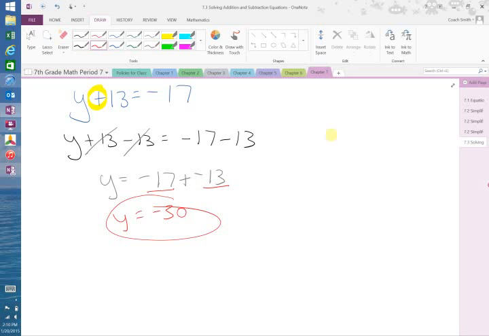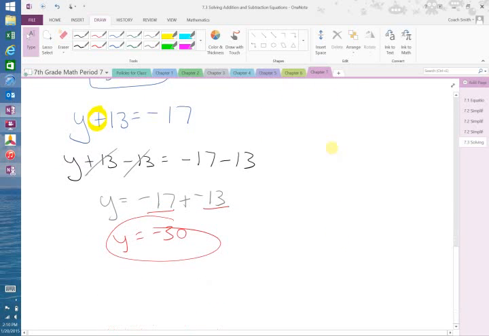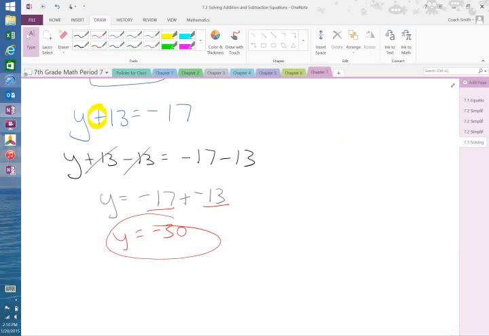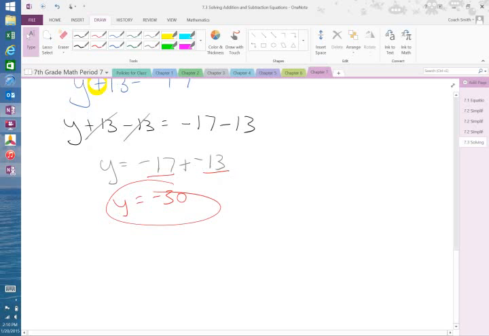Okay? So far, the two that I've done had addition in them to begin with. Let's look at one that has subtraction in it to begin with. Let's look at this one. H minus 9.3 equals 28.